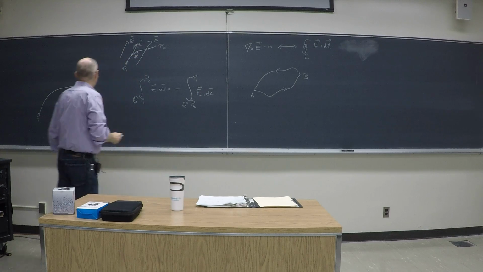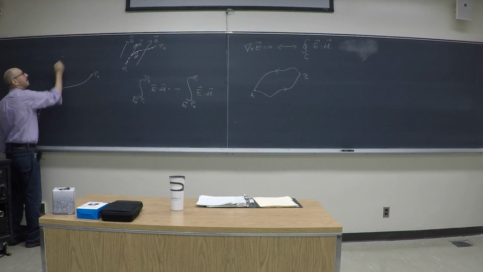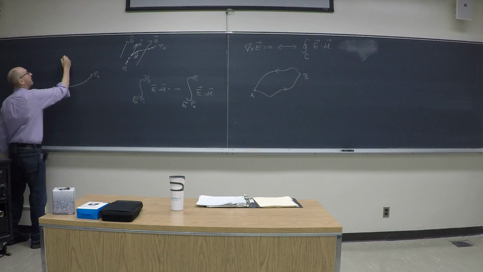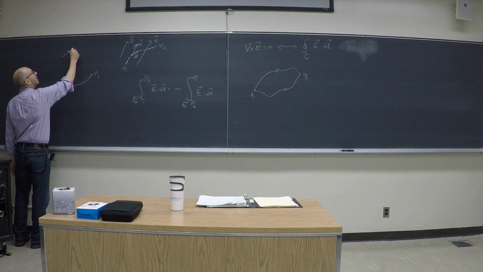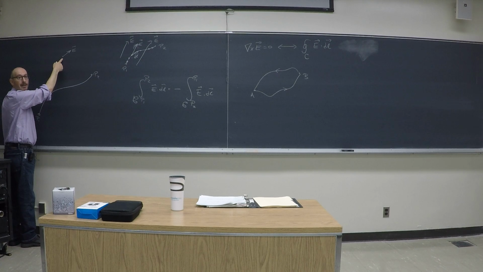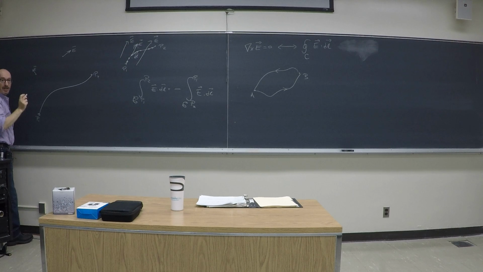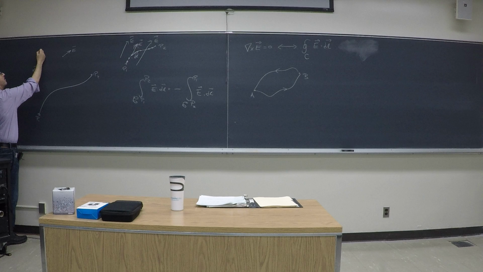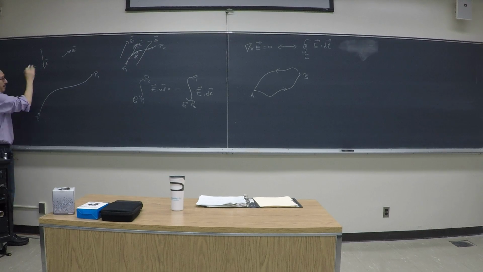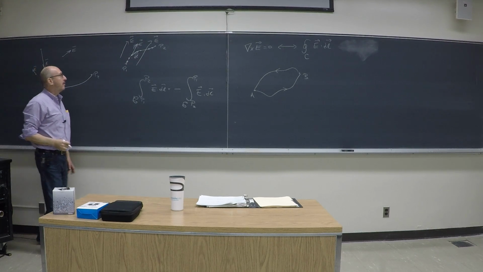So if I go to this point in space, there's going to be a certain electric field, and I draw it. That's at that location, that position. If I go to this other position, the electric field will be something else. Not necessarily constant, it could be anything. If I go to this other place, maybe the magnitude is larger and it points in a different direction, etc. But that is the electric field all over space.